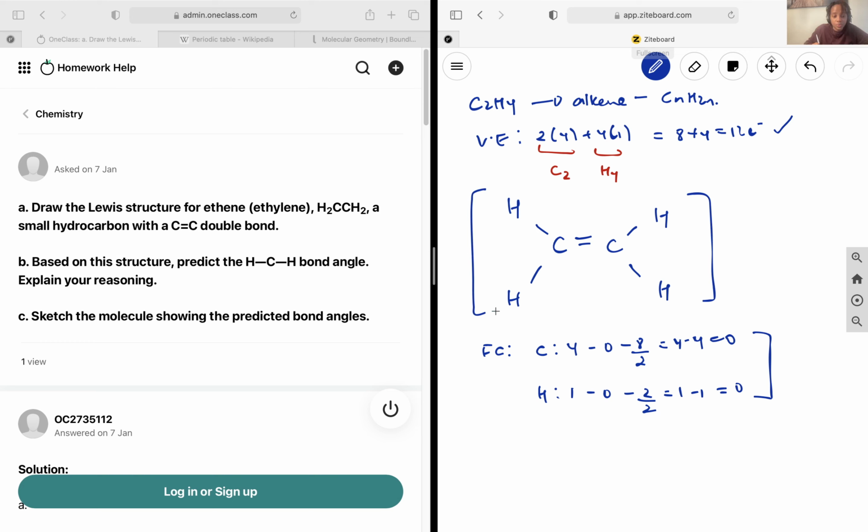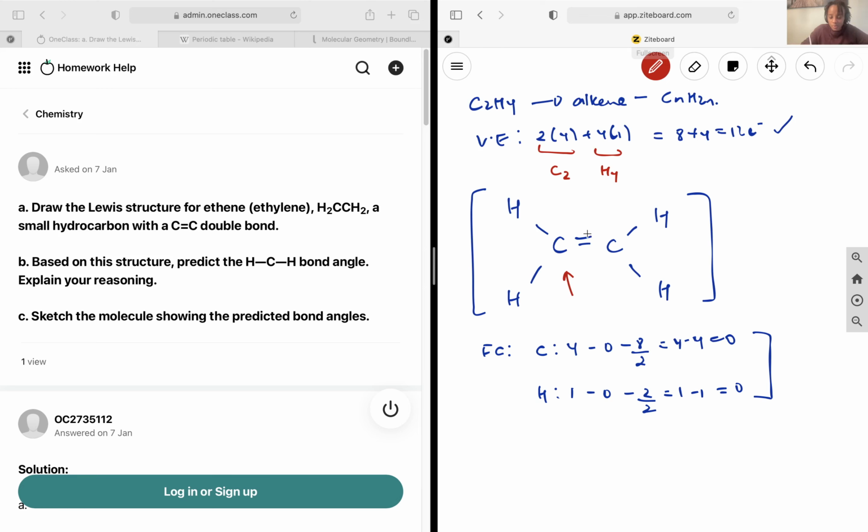Now, based on this structure, we want to predict the HCH bond angle. And so let's figure out the molecular geometry for this molecule. So this carbon, let's use some red. This carbon is 1, 2, 3. So it has 3 bonding pairs.